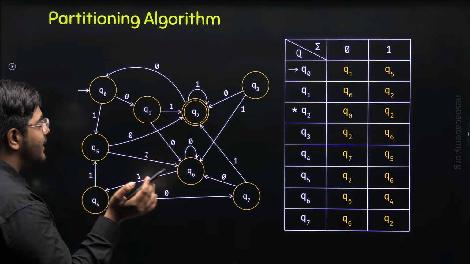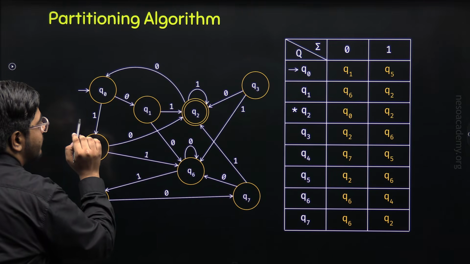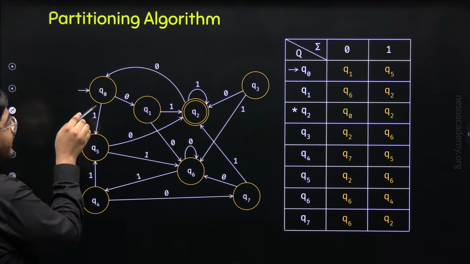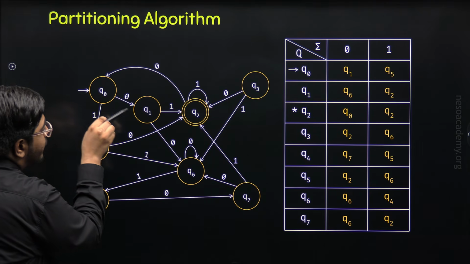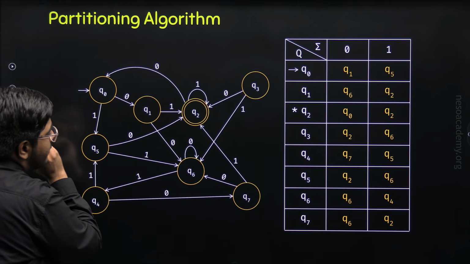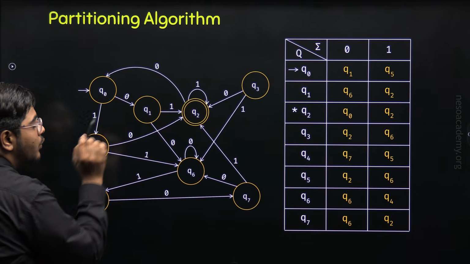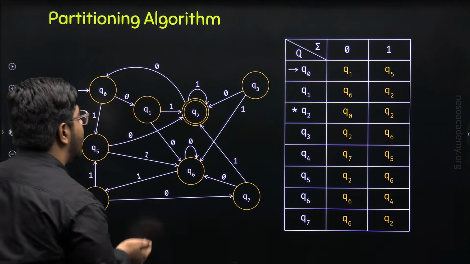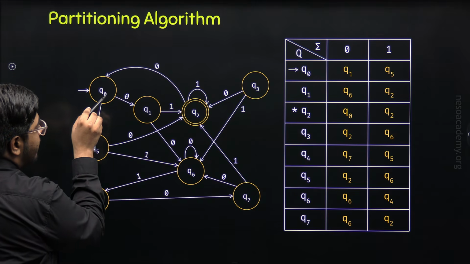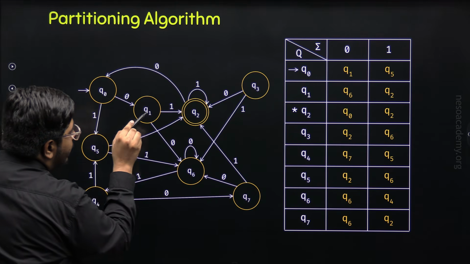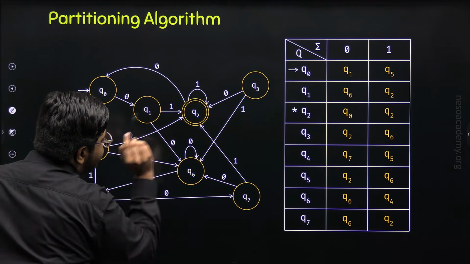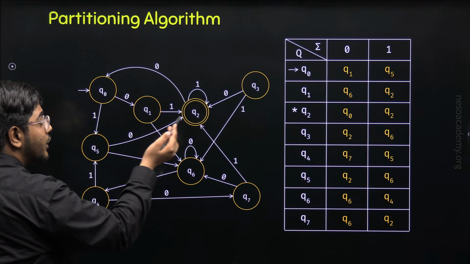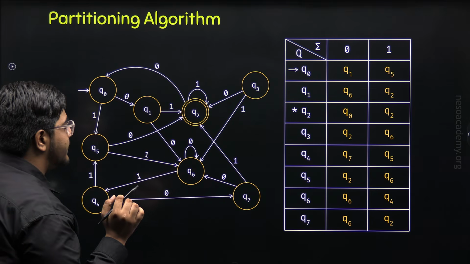Let's check our first state, which is Q1. We can clearly see that we can reach from Q0 to Q1 using this transition, which means Q1 is a reachable state. Let's check Q2. We can reach from Q0 to Q2 using these two transitions. That means Q2 is also a reachable state.